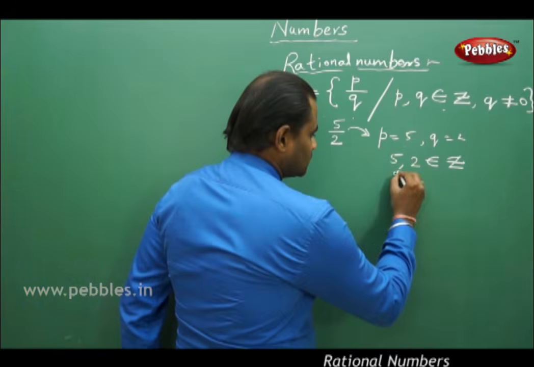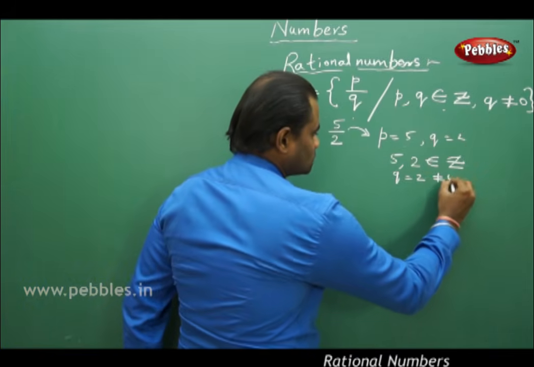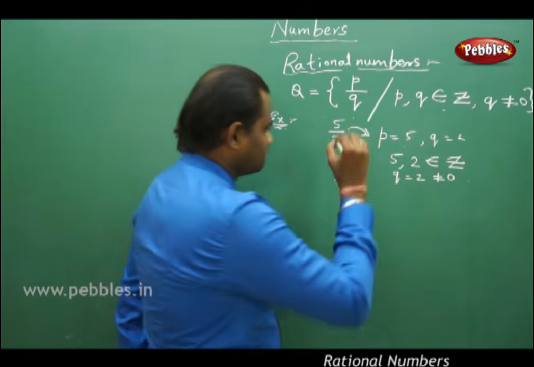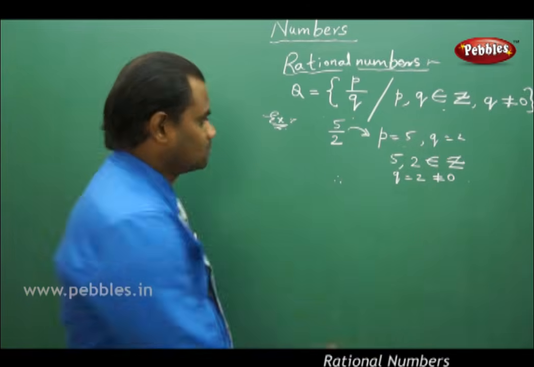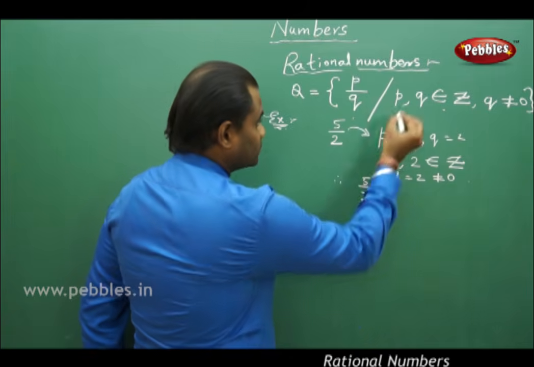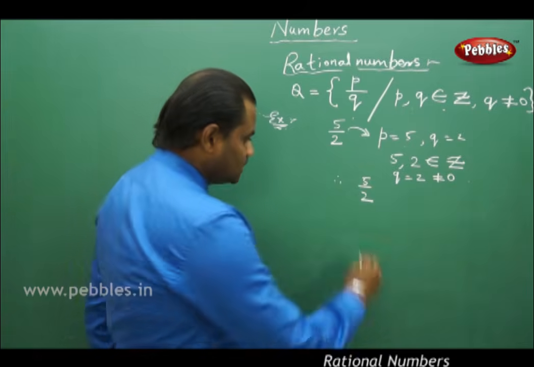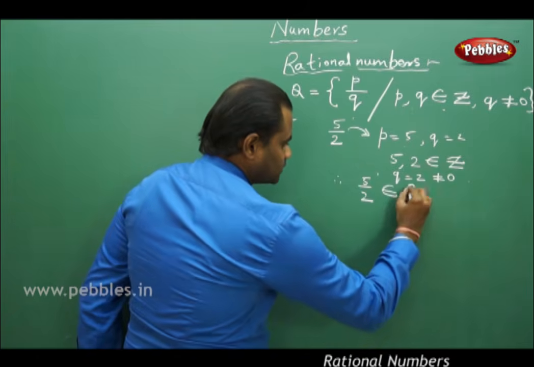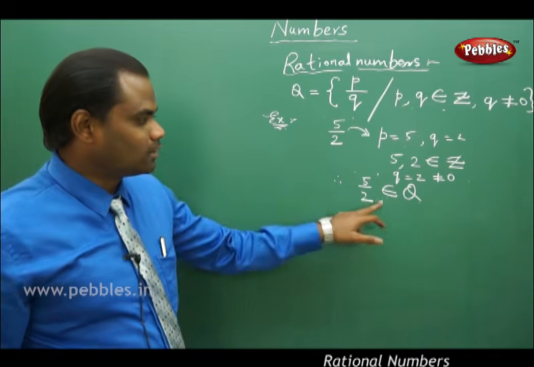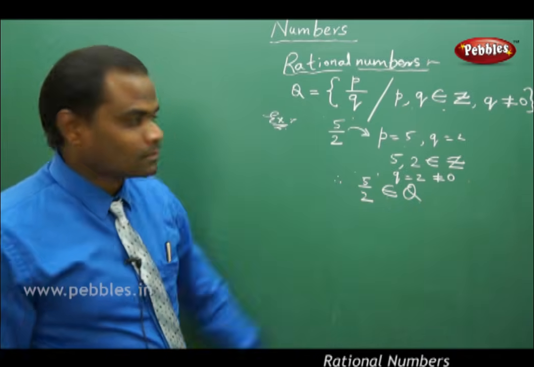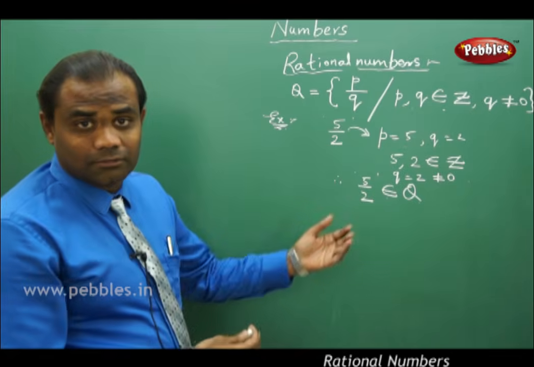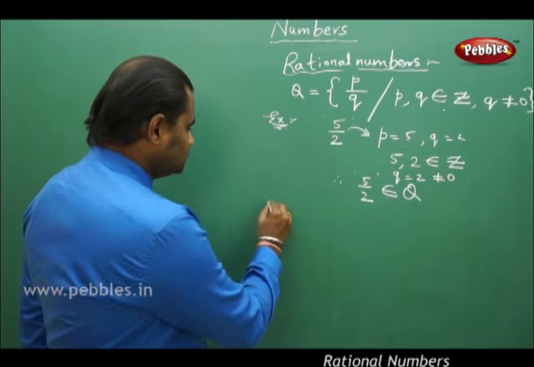So clearly Q equal to 2 is not equal to 0. Therefore, according to the definition of rational numbers, 5 by 2 is a rational number which belongs to Q. Let me take one more example and see if that is a rational number.